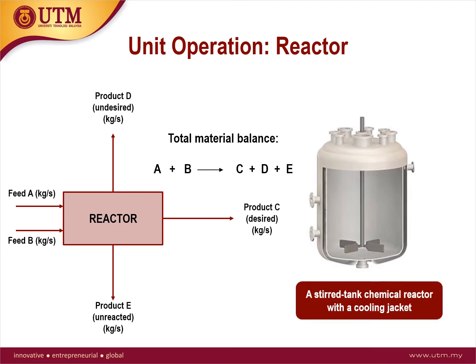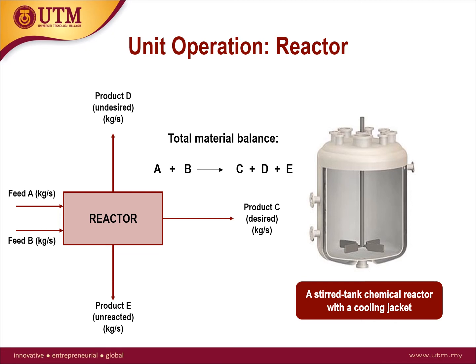So one example of the chemical reactor is called a stirred tank chemical reactor with a cooling jacket. The stirred tank chemical reactor is one example of a continuous process chemical reactor.